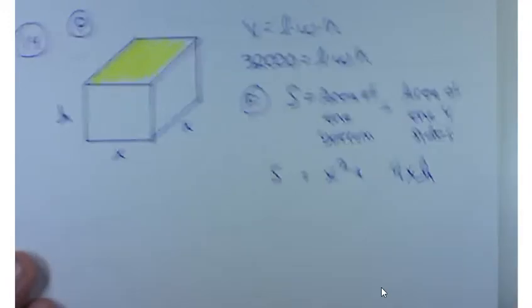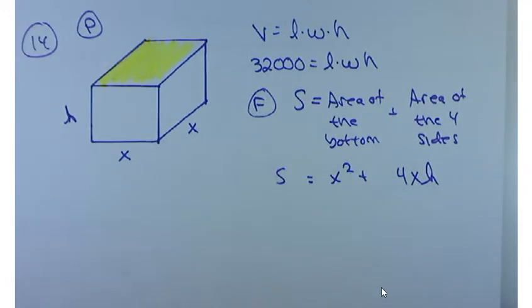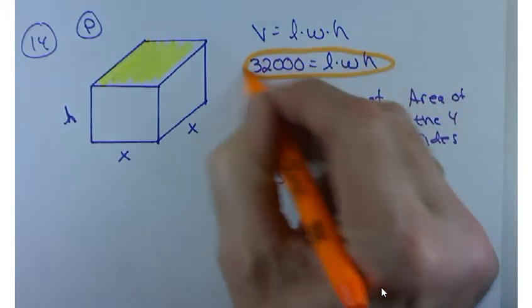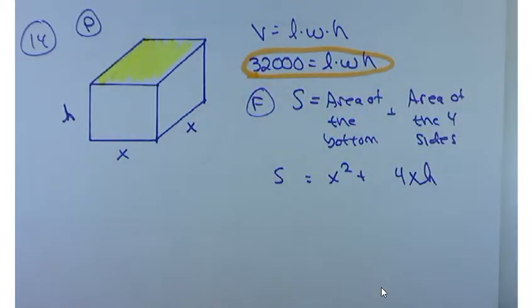I'm still going to call this S. Now, if you remember at the start of this, I said that we need to write this as a function of one variable. How many variables does this depend on now? 2. So we're in a little bit of a jam, but we do have this relationship right here.